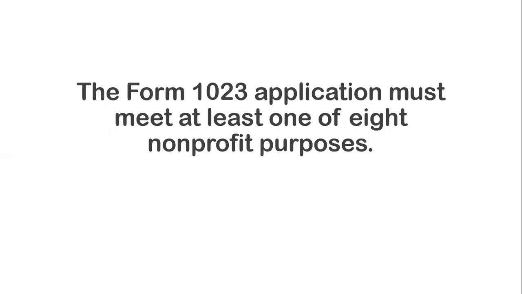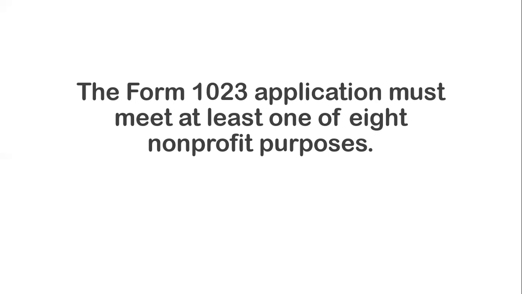The Form 1023 application must meet at least one of 8 nonprofit purposes. Now, unlike the Form 1023 EZ that required you to complete an eligibility worksheet, the Form 1023 does not require an eligibility worksheet, it only requires that the nonprofit meets one of 8 purposes.